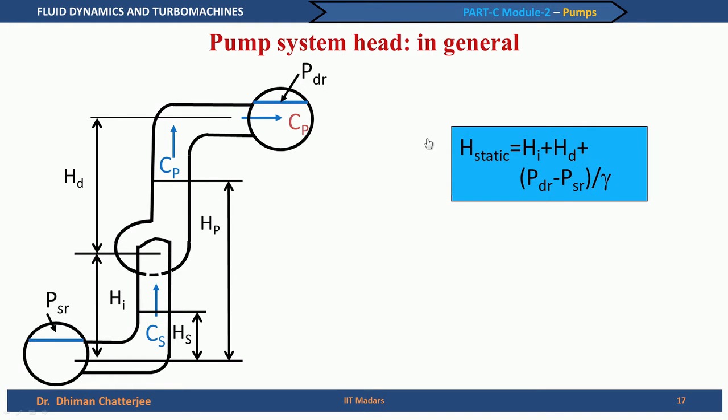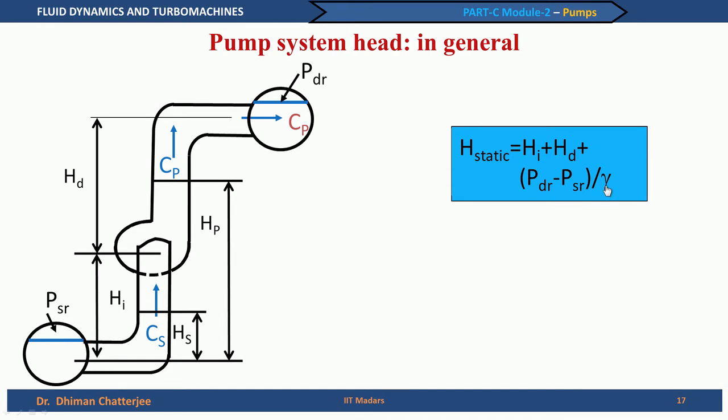So, we can say that even if there is no flow, there will be energy because of the potential energy. The water has to be lifted from this tank to this tank, the total height being H_S plus H_D. But not just that, it has to overcome the pressure PDR, which can be different from PSR. In the tanks that we have in our houses, both the sump, that is PSR, and the top of the building reservoir can be at atmospheric pressure, and we may not get the term (PDR minus PSR) by gamma.